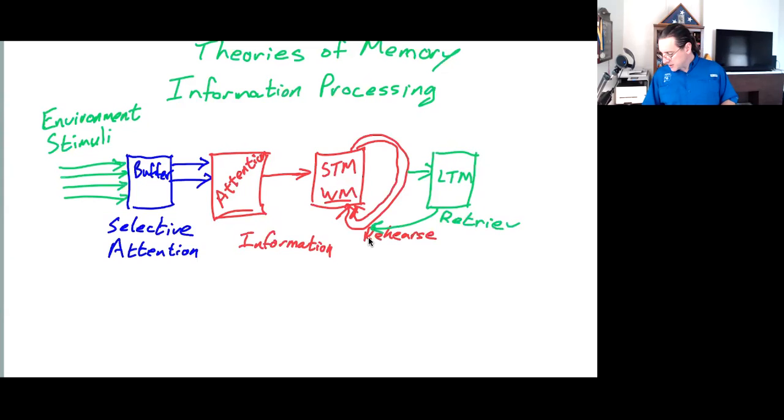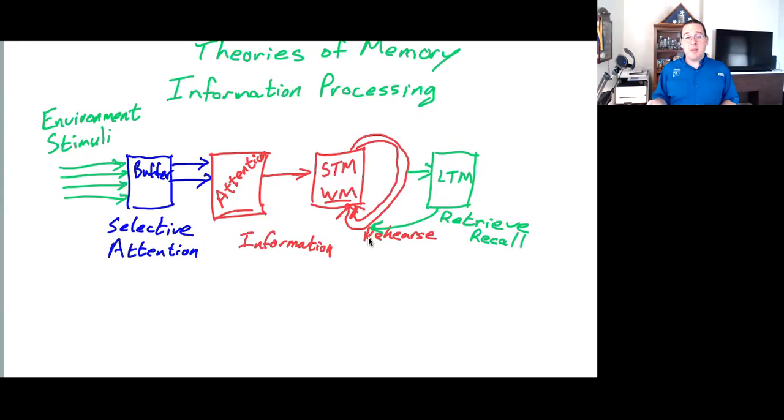The process of retrieving something from our long-term memory is called retrieval or recall. I think your book uses recall. So we recall that information and we put it back into rehearsal again.